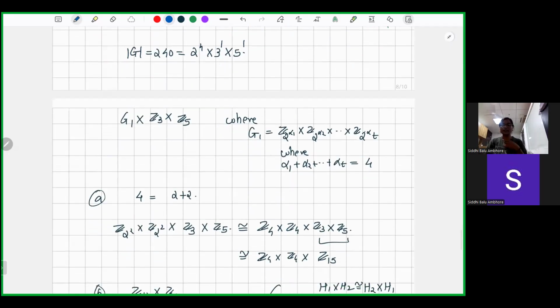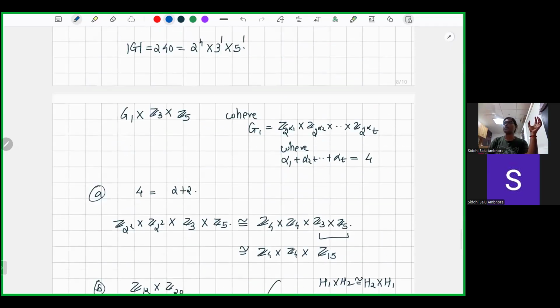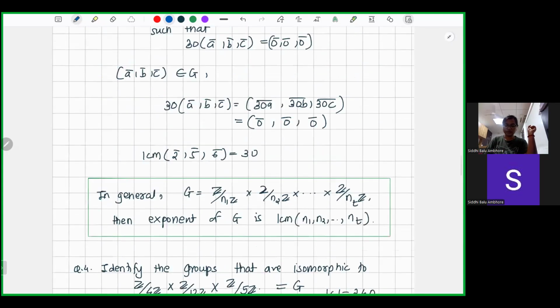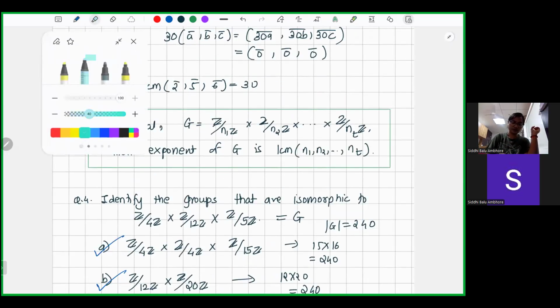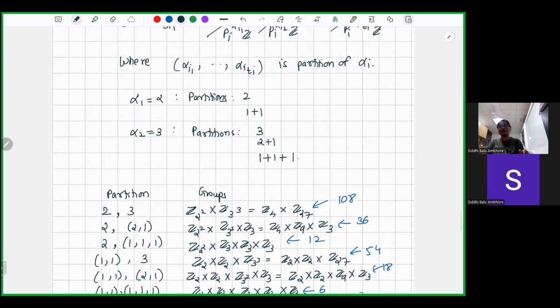When we were clubbing Z3 cross Z5 and those Z4 cross Z3 in the earlier examples, what we were doing at the end was keeping the exponent of that group intact, and not disturbing it. Use this formula. I will now color it for you. This, please keep in mind. This is what we are using here to check for the exponents.